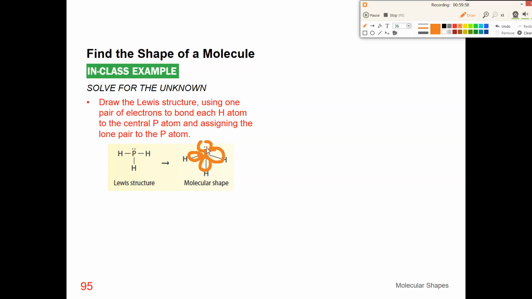However, there's a lone pair, and we're not going to see it. When I think about the molecular geometry, you don't need to worry about the lone pair. So basically, 3 terminal hydrogens, so it's a trigonal pyramidal structure.